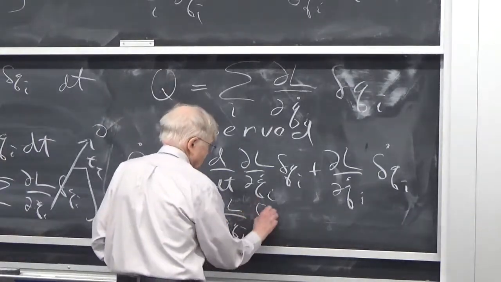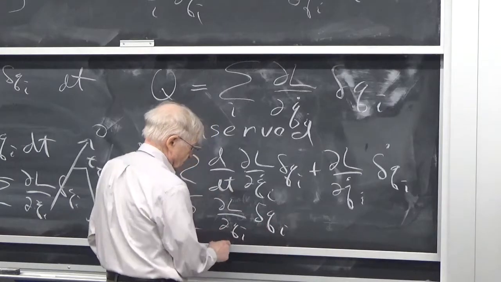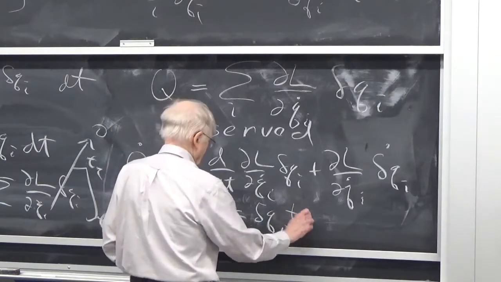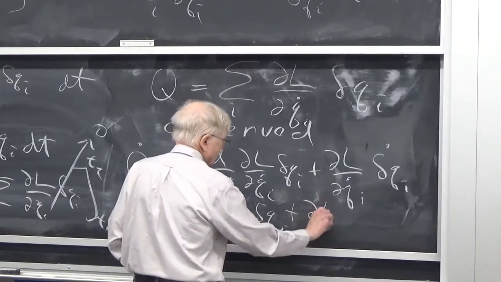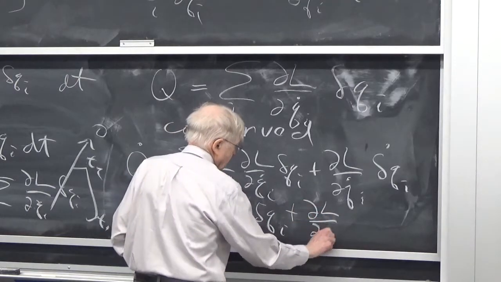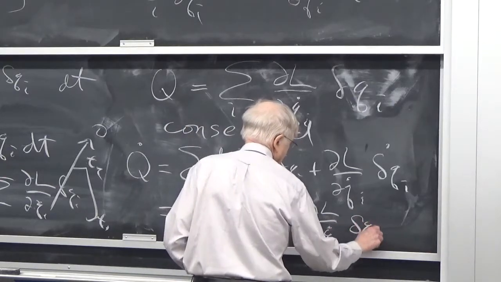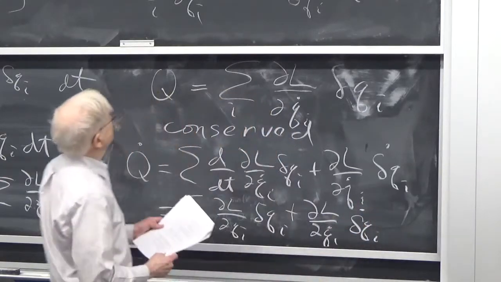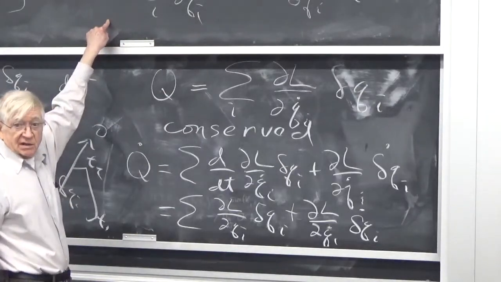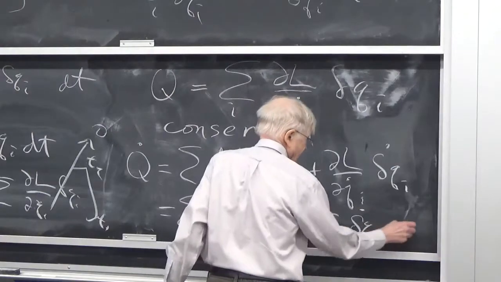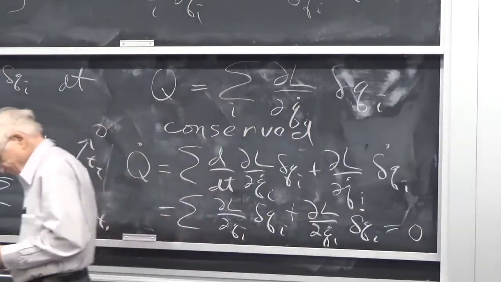So this is partial L partial Qi, this is the change in Qi, and the other one is partial L partial Qi dot, change in Qi dot. But that's what we assumed was zero because of the symmetry. And so the time derivative of Q actually is zero.